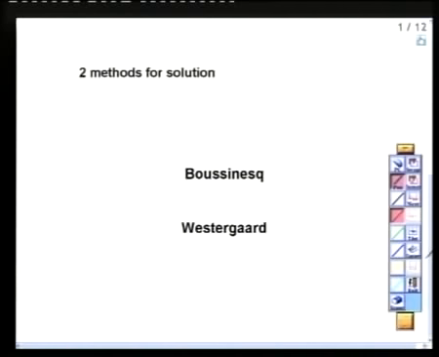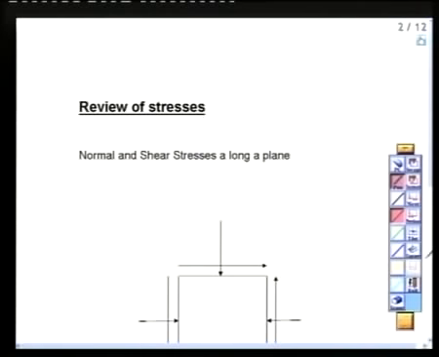Unless I tell you to solve it according to Westergaard, you have to solve it according to Boussinesq. Always according to Boussinesq. The difference is minor between them. It is the same equation, only some of the constants are different. Now let us first go to review.